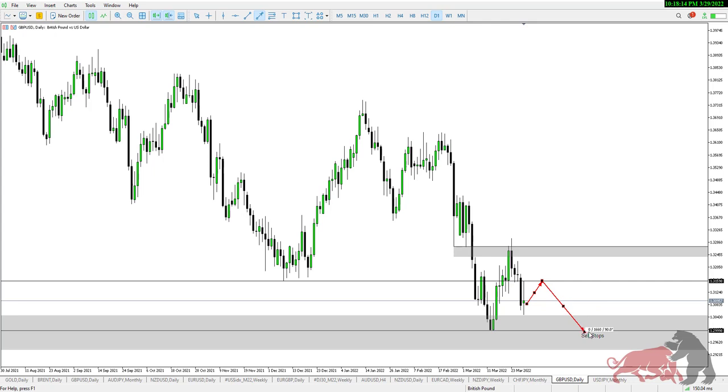Now remember, you just don't short when price returns to that level. You need a catalyst, and that catalyst is going to come in the form of fundamentals. You just don't go short bang, because if price is trading at those premium areas, there could be positive news for pound USD on the calendar, and those premium areas are not going to hold, folks.